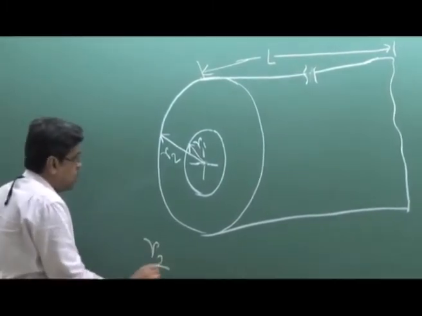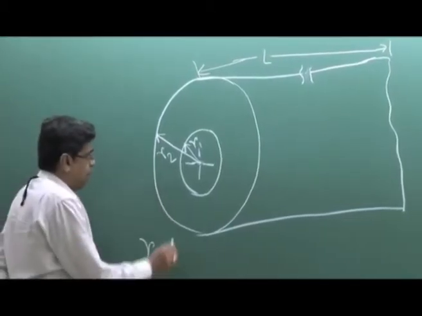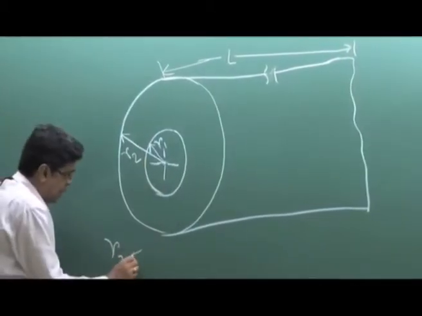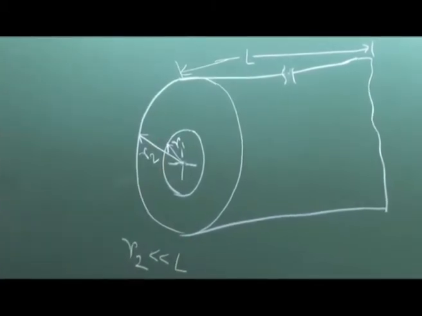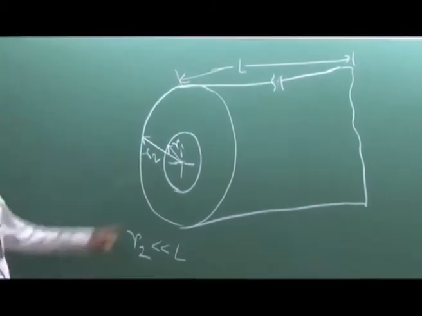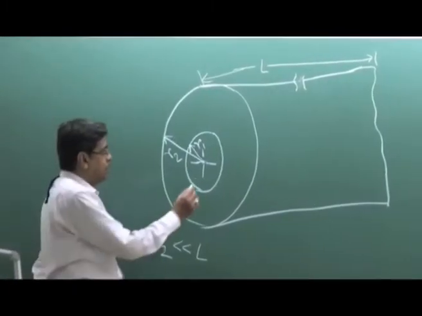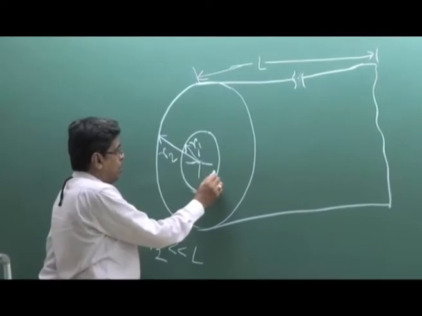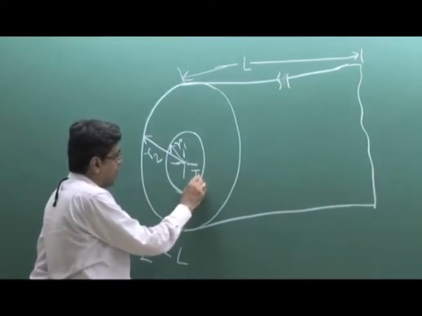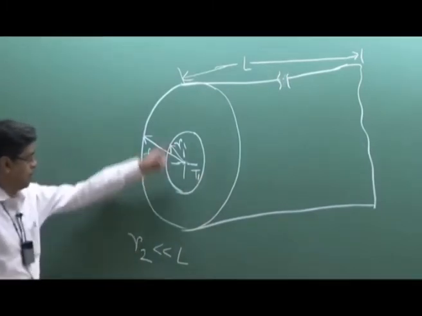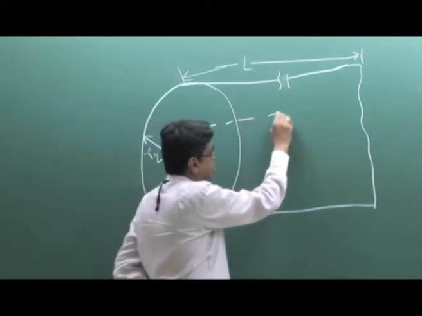And the problem is like this: R2, the outer radius of the tube, is very much less than L. That means the length is much more than its radius, and the inner surface is maintained at a constant temperature T1 throughout the surface.